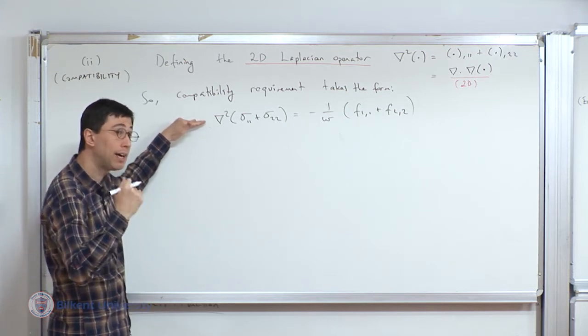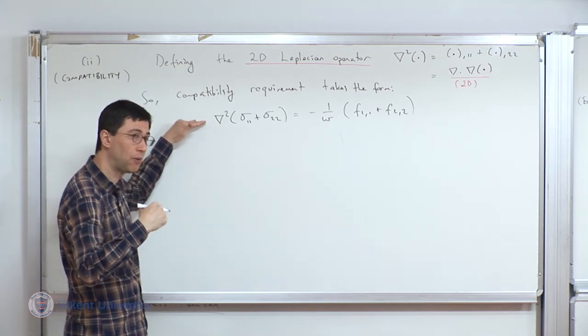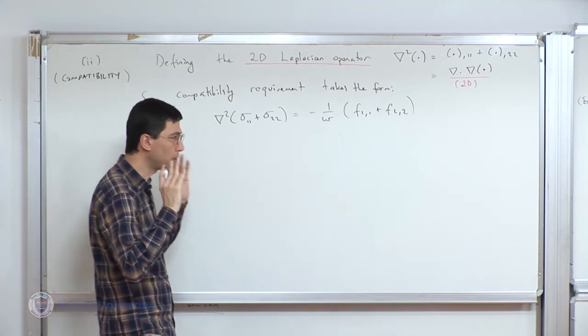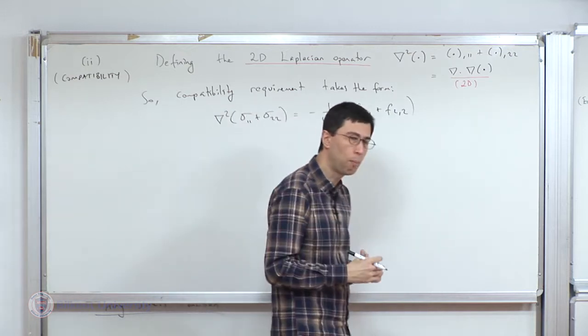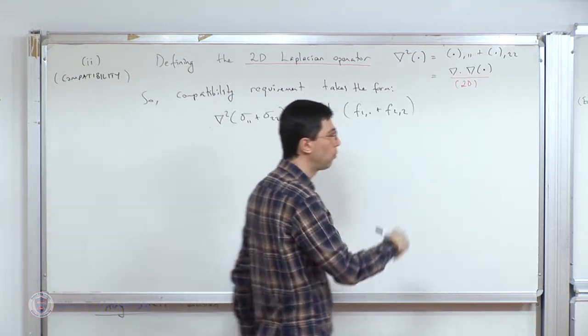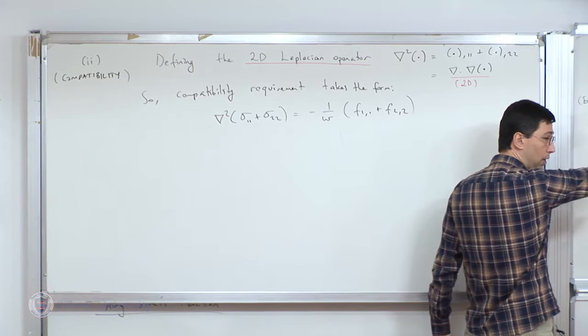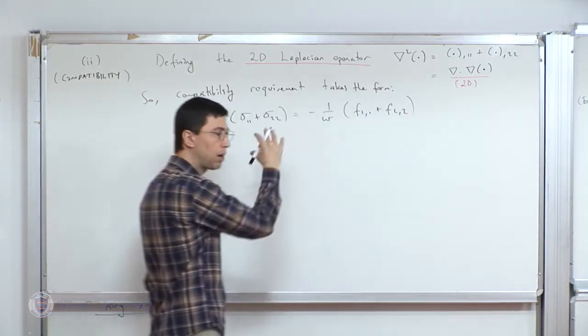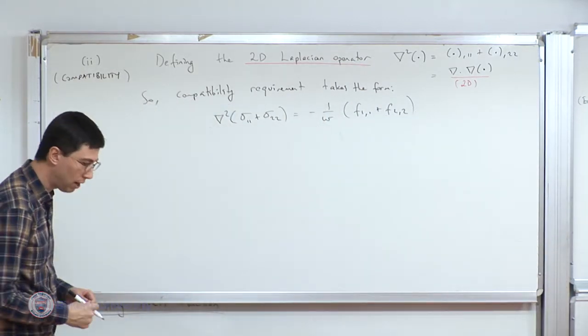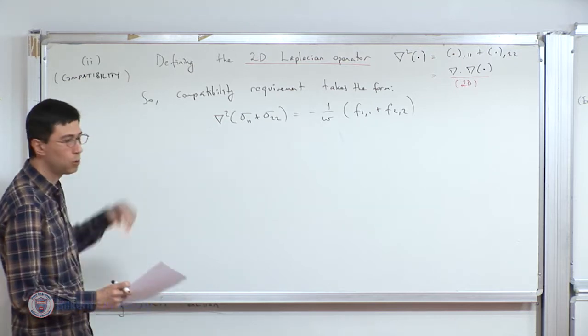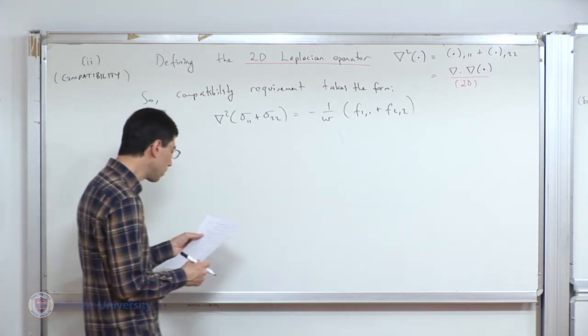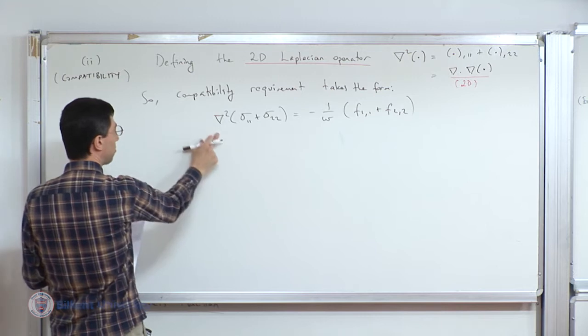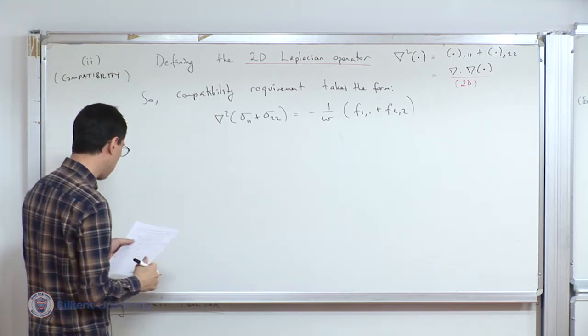Two, I already had assumed that equilibrium is satisfied from the outset. Those were things that were proposed with a view towards what we were trying to do. We are trying to satisfy equilibrium from the outset, so I already enforced it, and we are always in an isotropic linear elastic setting, so I also made use of that. Okay? So with those two assumptions, this is the form of the compatibility.